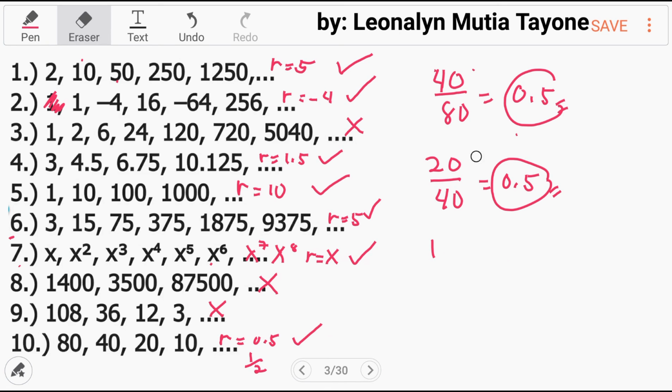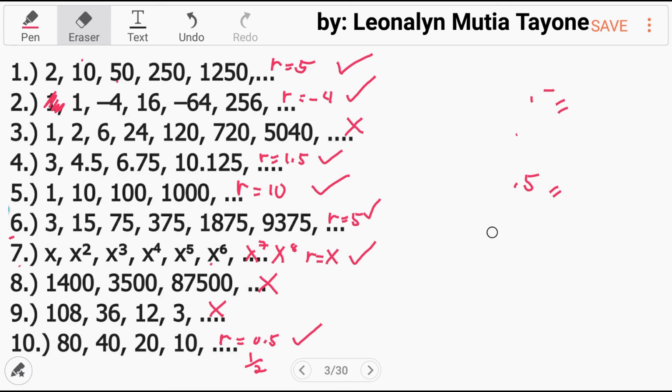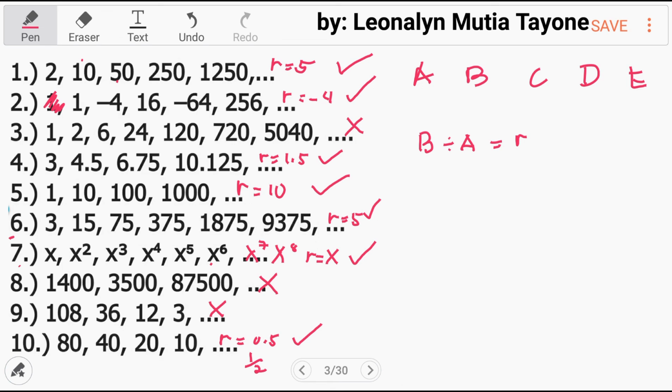So, a little recap. How do we find the ratio? The next one, for example, let's say A, B, C, D, E. Ratio: B divided by A equals the ratio. C divided by B, ratio.